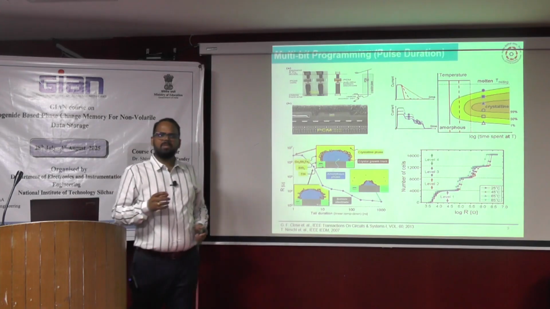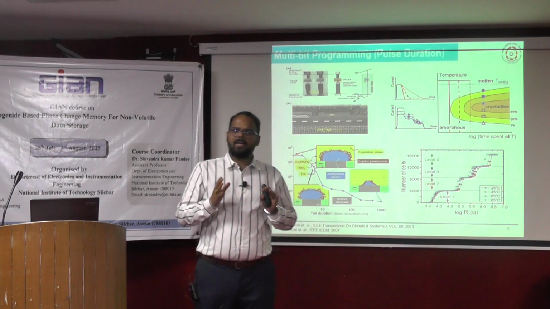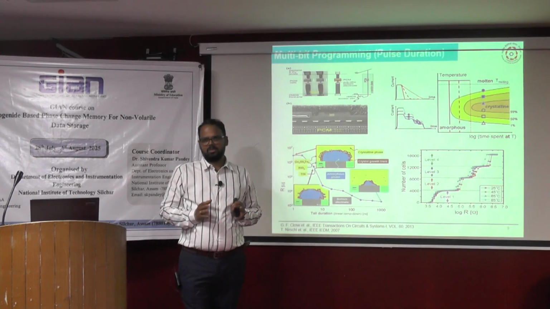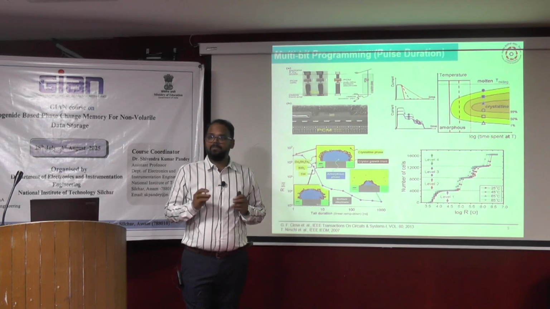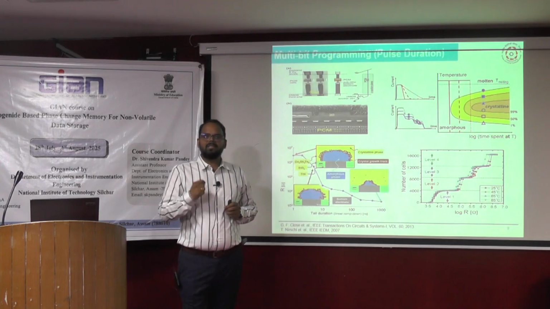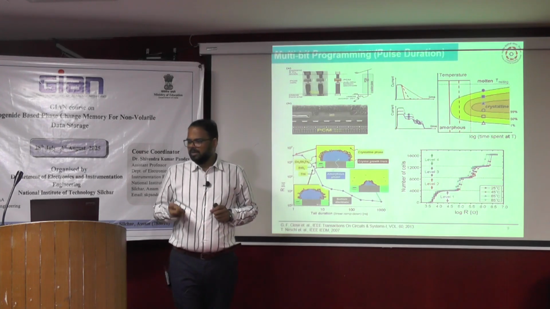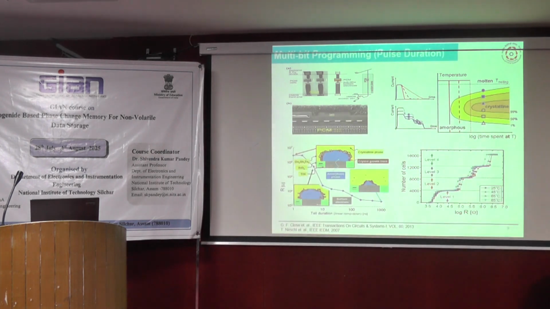So the pulse scheme is very important if we want to achieve multi-level storage. We need to understand the pulse very carefully. If you can identify the appropriate electrical pulse, you can easily tune your state. Do we have a marker? Okay, I will show one basic understanding here.